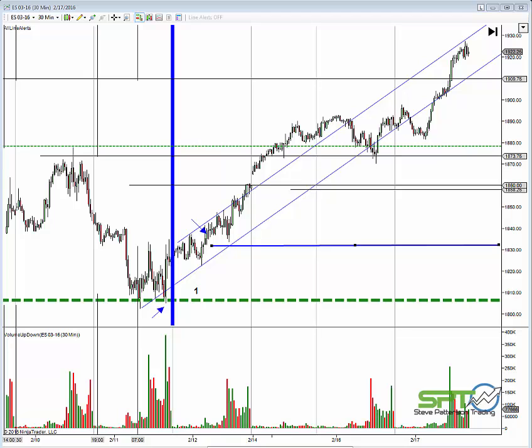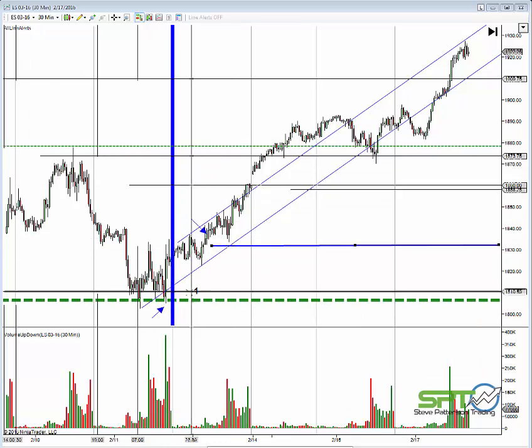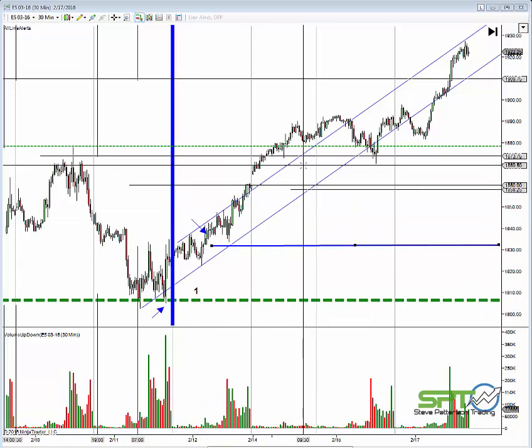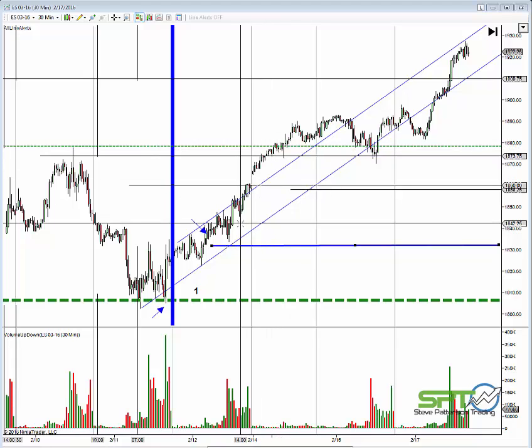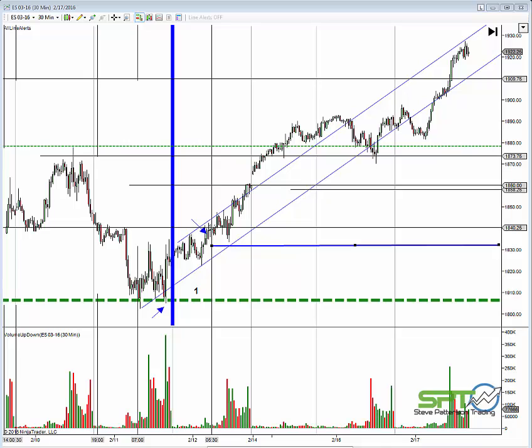The safer, smarter play is once you've established that you're right and it's moving towards your target, and you can establish the rate of ascension on that particular trade, if this was a long trade, then be smart, okay? Add to your trade when it makes sense to do so, okay?